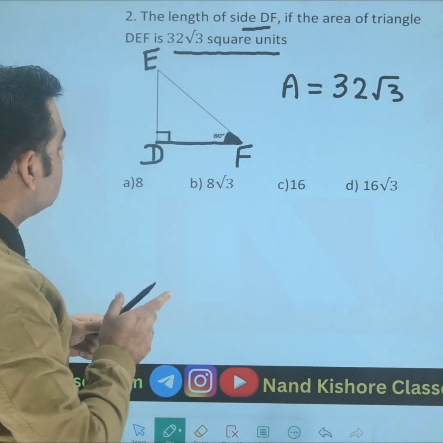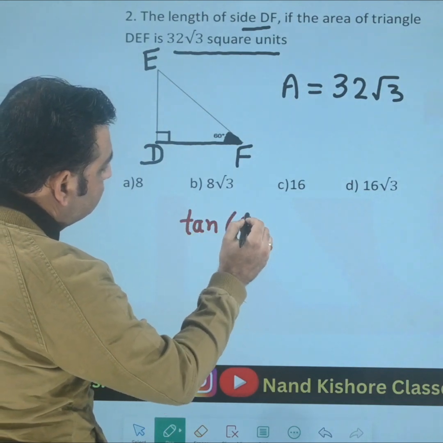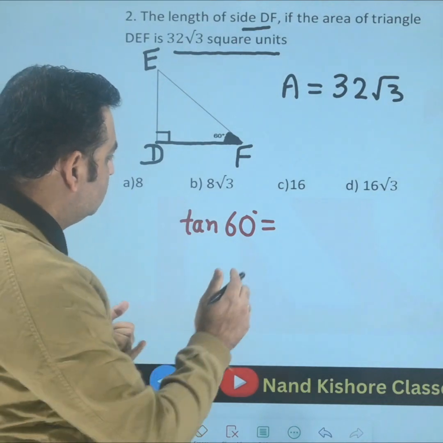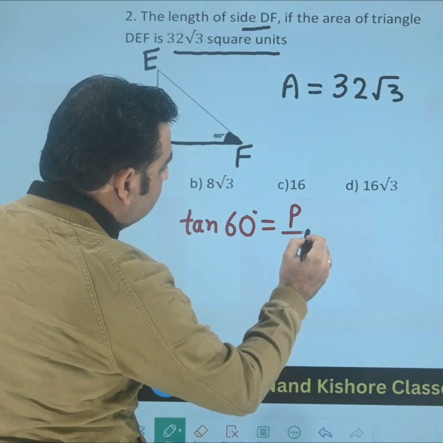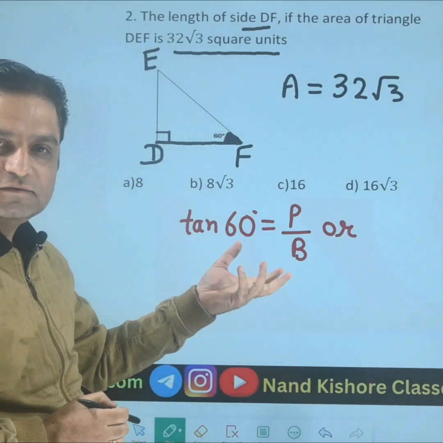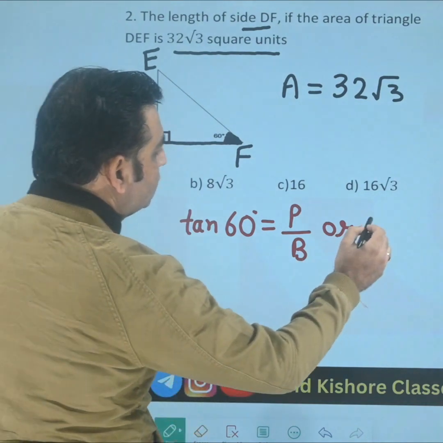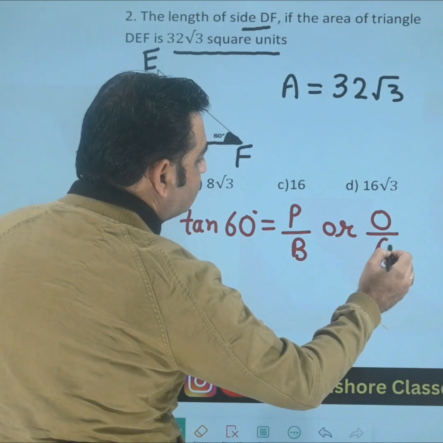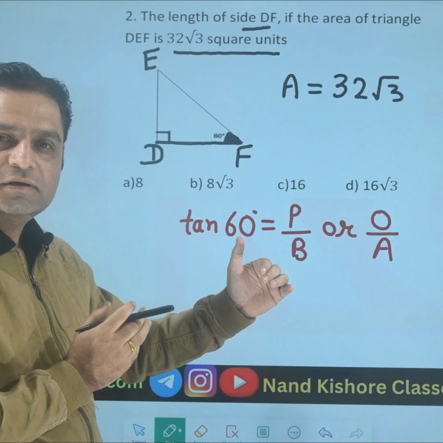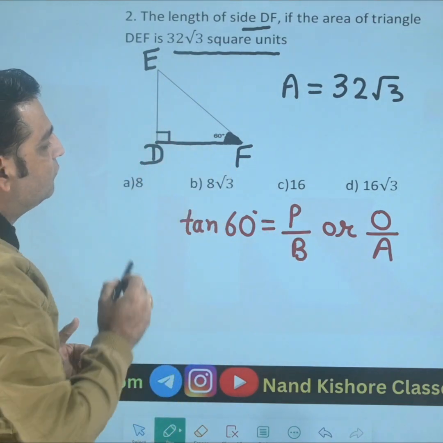And tangent of 60 degree, tangent is given by perpendicular over base, or at few places it is also known as opposite over adjacent. I would tell you both are same. Perpendicular over base, opposite over adjacent means side opposite to the angle which we are using.